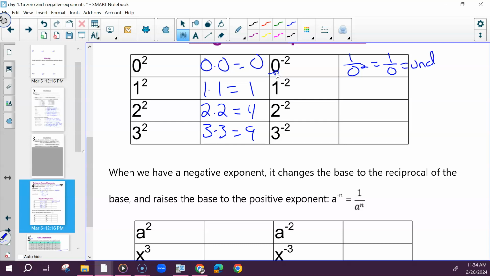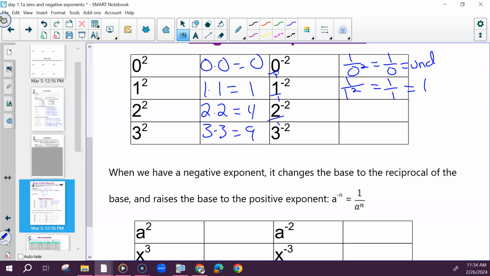If we did the same thing with this next one, this is over 1, take it and flip it, make the exponent positive. We know 1 squared is 1, and 1 over 1 would just be 1. So these two are special cases. Not every number is going to end up like those.